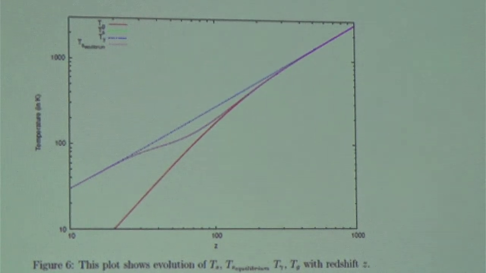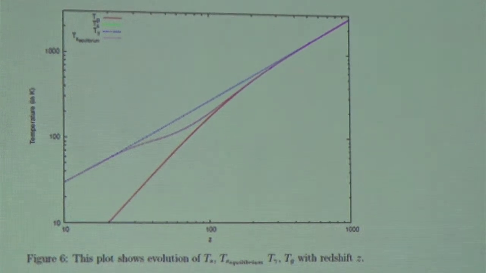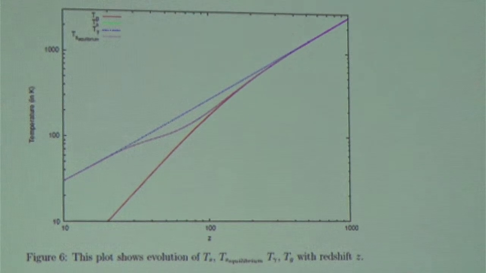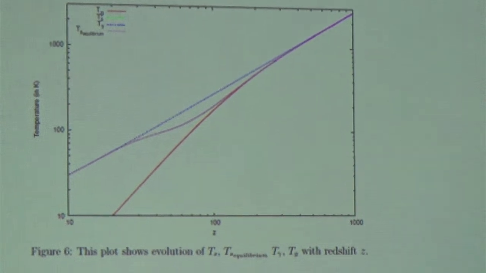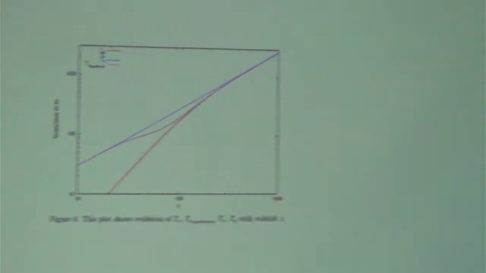Okay, so that's why otherwise you would see a much colder IGM, much colder than we actually see, if that process were not there. Okay, so that is one process by which you can transfer some amount of heat from CMBR to IGM.